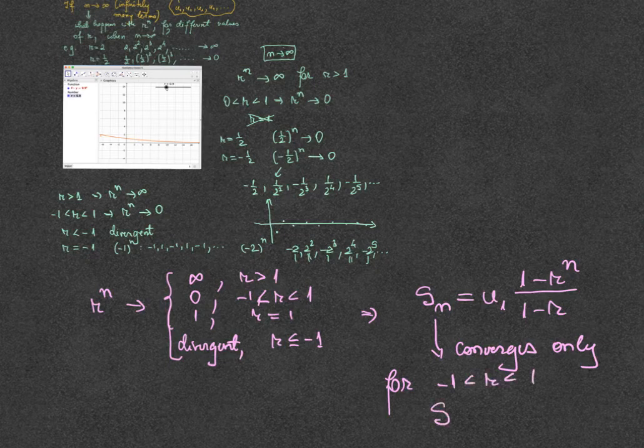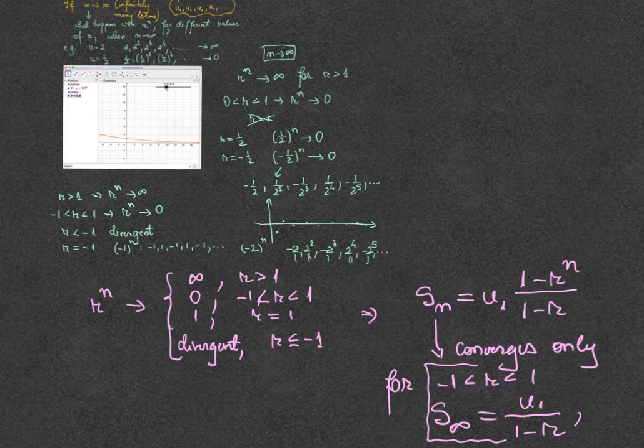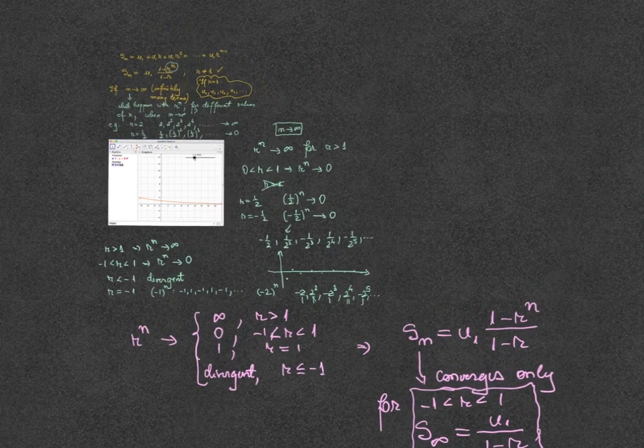And S infinity, the sum of an infinite number of terms, remember for this r, r to the power of n is going to converge to 0. So therefore, S infinity is going to be u1 over 1 minus r. And this is our main result today. That's when an infinite geometric series converges. And that's the sum.